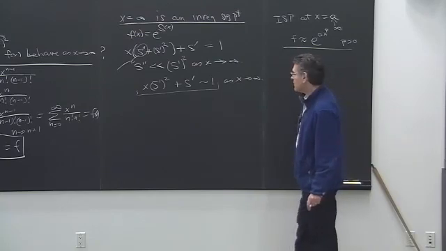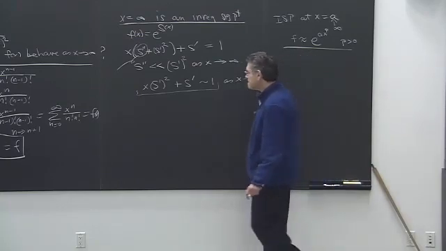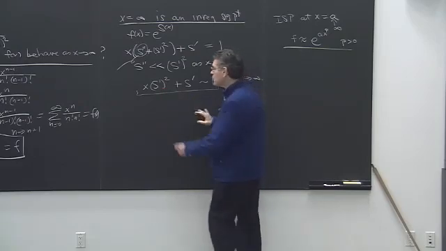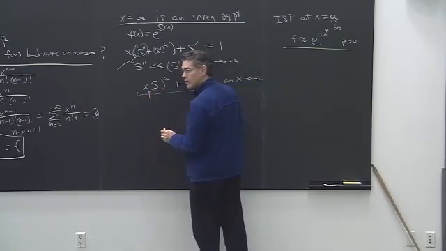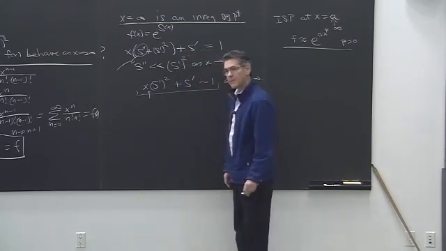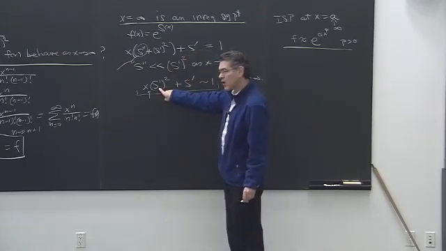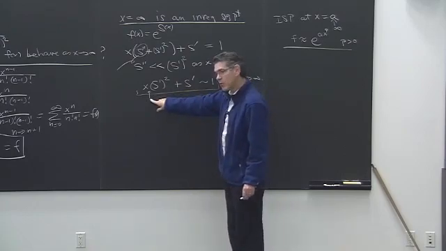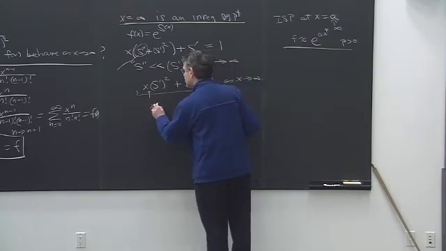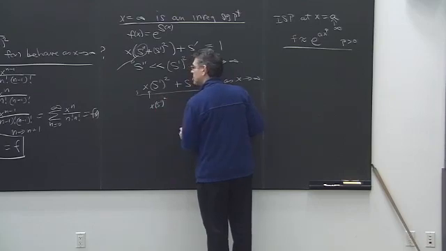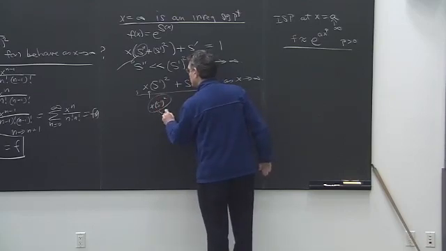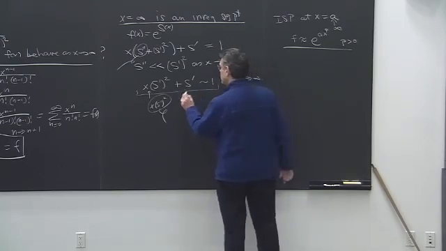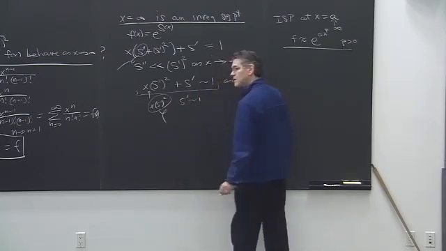So for example, is this the important term? Suppose we throw this term away. Maybe this term is unimportant compared with this and this. If you say x s prime squared is negligible, if you throw that term away, then there's a balance between s prime and 1.